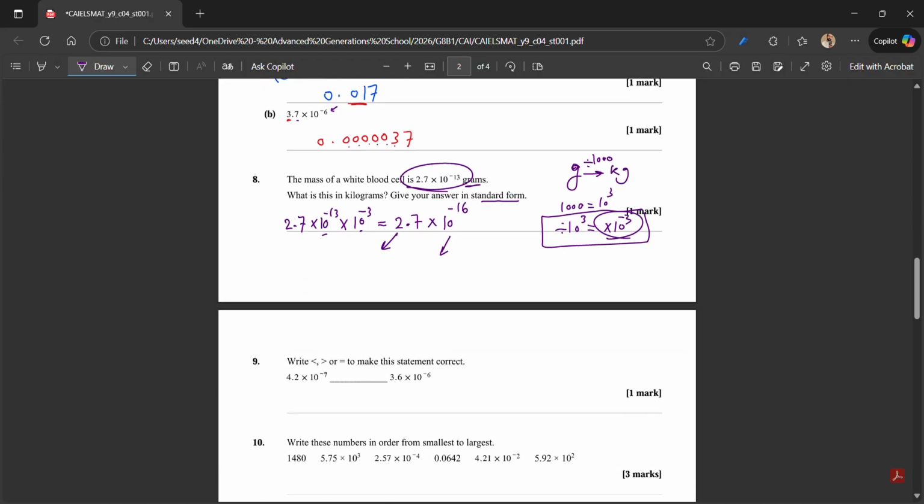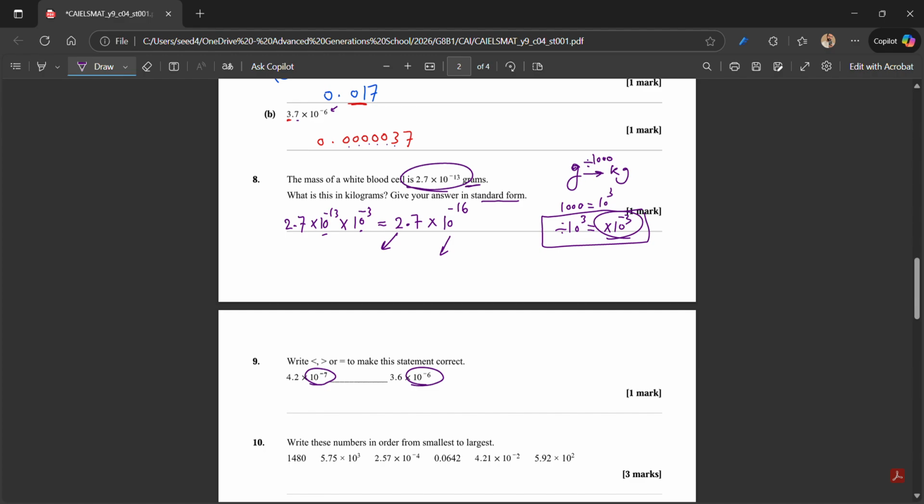Okay, here, guys, he said write less than, more than, or equal to make this statement correct. How to compare, guys? We couldn't compare until we first compare these values, 10 power negative 7 or 10 power negative 6, which is bigger?